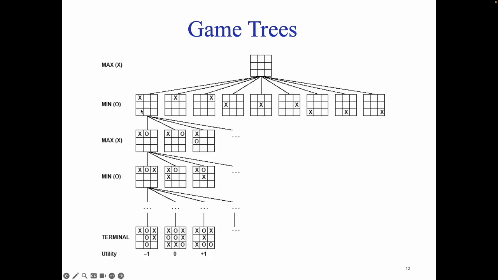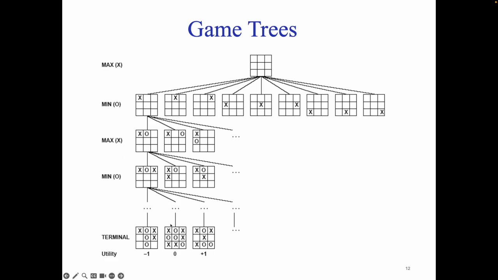And then let's say X is here, so max's move is this one. Then depending on this, we have several moves for O. For example, O can be here, here, and so on. And then it can continue the same way.